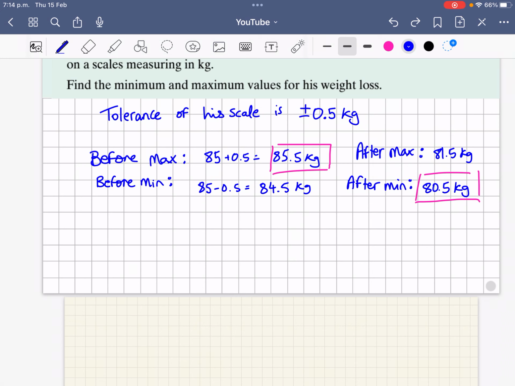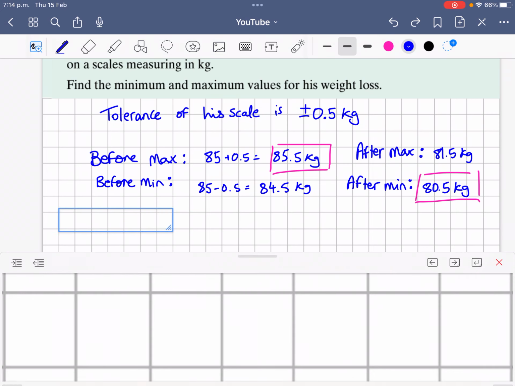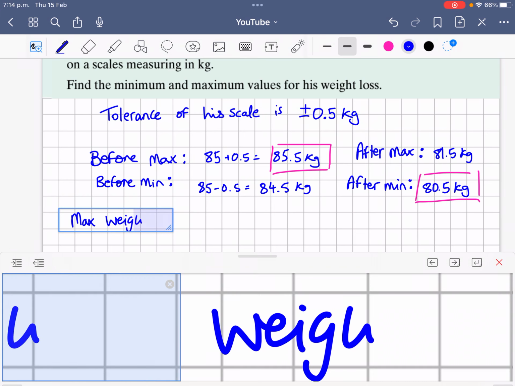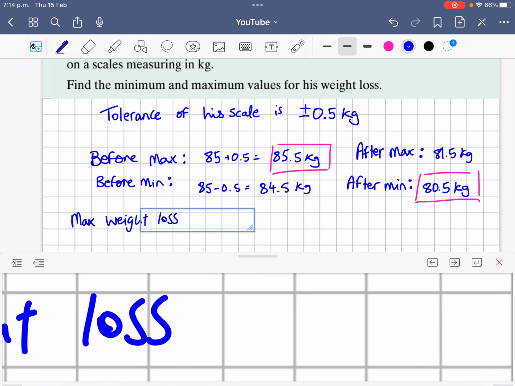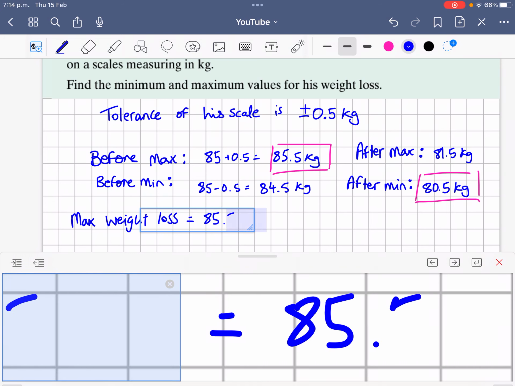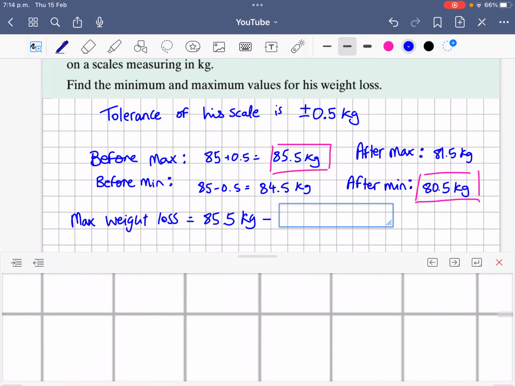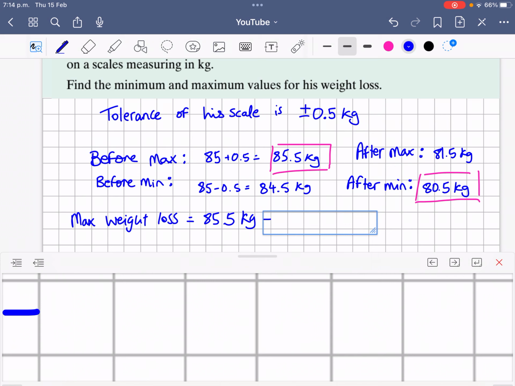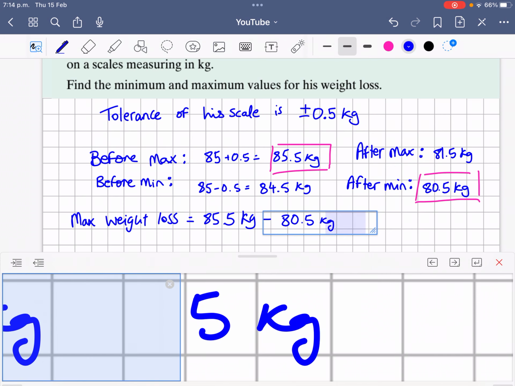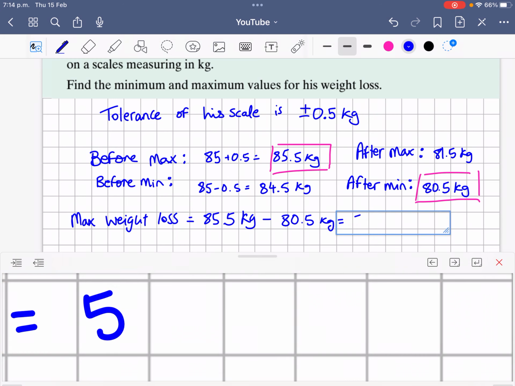So I'm just going to write that down. Max weight loss was 85.5, because that was the biggest weight that he could have initially been, and minus the lightest weight that he could have been after, and that gives us 5 kg.